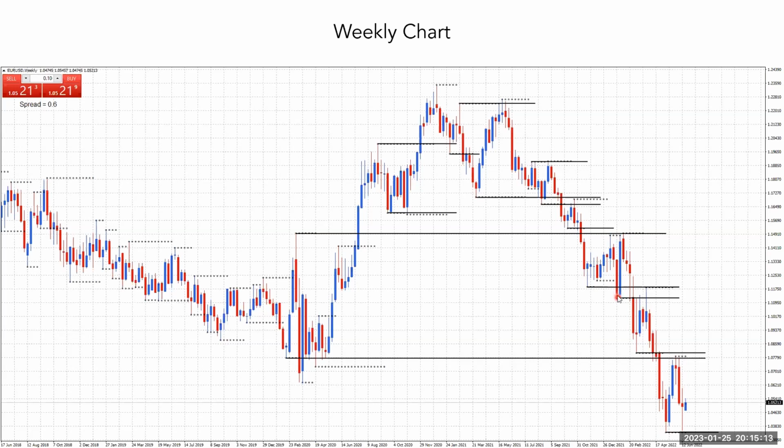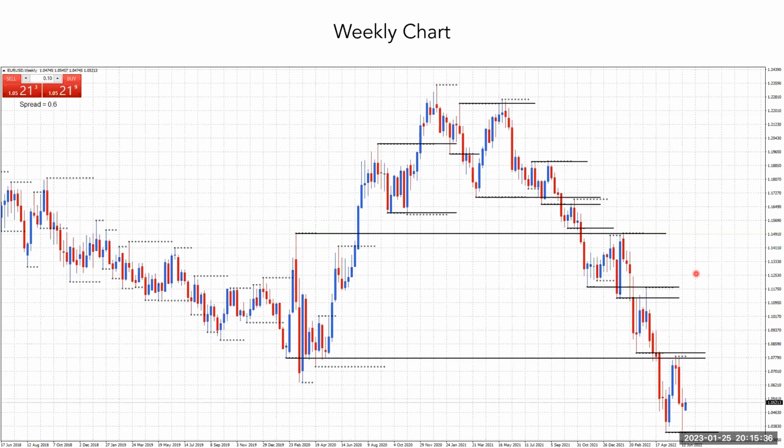If it can't move through, it will probably then move back up, moves all the way back up to the previous high here. Then it breaks below, comes back up to become broken support becomes resistance. So on the weekly chart there, you can see support holding, resistance holding, broken support becomes new resistance in that downtrend.